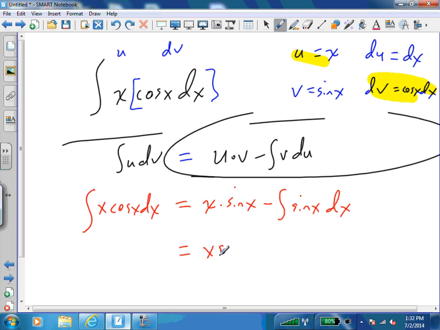So we've got x sine x minus, what's the integral of sine? Negative cosine. And it's an indefinite integral, so we need a plus c. So x sine x plus cosine x plus c is our integral.